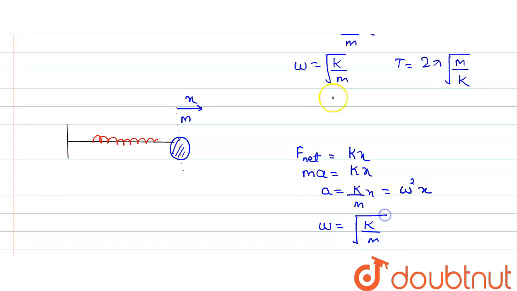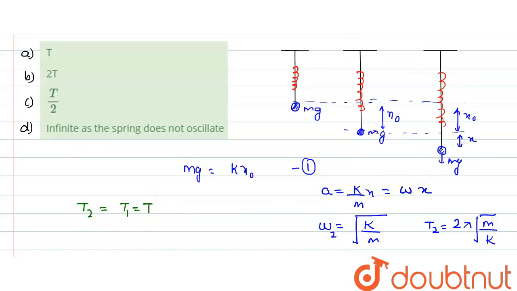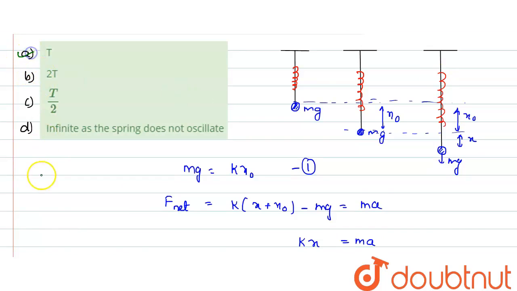Now if we mark these as omega 1, time period 1, omega 2 and time period 2, time period 2 would be equal to 2 pi divided by omega, which is the square root of m divided by k. Clearly we can see that T1 and T2 are both equal. T2 would be equal to T1, and T1 is given as T. So the new time period is equal to the initial time period. So the correct option would be our A option.